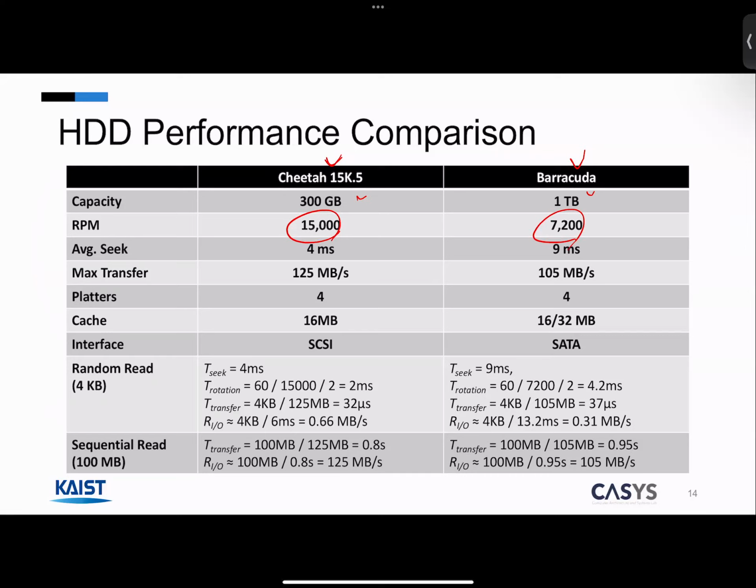Clearly the enterprise vendors' disk is faster. Comparing seek time and rotational delay: seek time takes 4 milliseconds and rotational delay on average takes 2 milliseconds. In the case of the desktop hard disk, seek time is 9 milliseconds and rotational delay is 4 milliseconds on average. So seek time is more than twice as expensive as rotational delay.